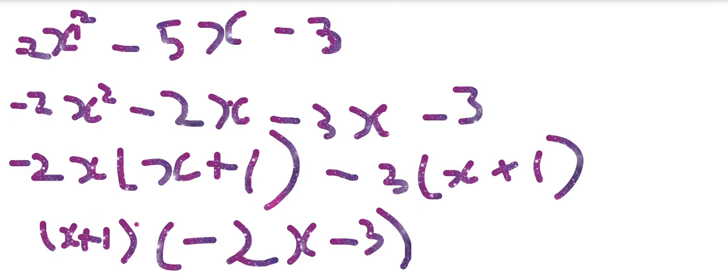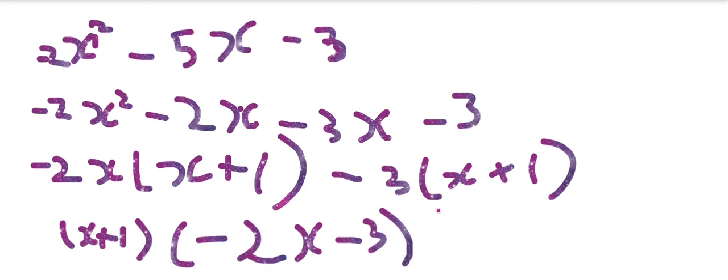When we write this, it means that we are multiplying the first term with the bracket and then the second term with the bracket. It's the same, because when we multiply negative 2x with x plus 1, we are multiplying it with all the terms, and then minus 3 with x plus 1. It's the same because minus 2x will multiply with x plus 1, or we can multiply x plus 1 with minus 2x and x plus 1 with minus 3. So it's the same, and that's why this formula is working.